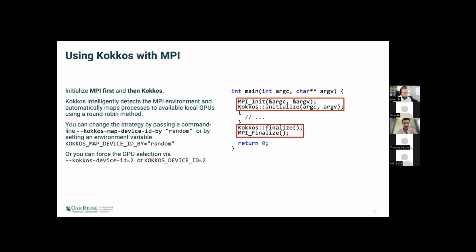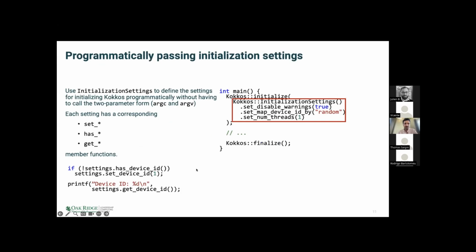But the intent is Kokkos should interact just as you would expect with any of the schedulers and map the way you would really want, like grabbing successive GPUs. Anyway, let's march on because I still have a few slides.